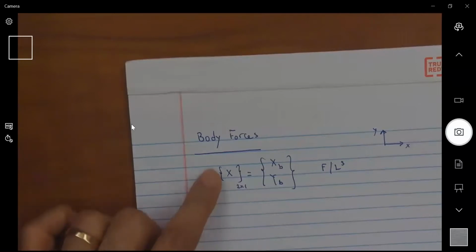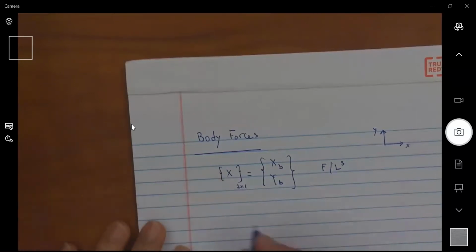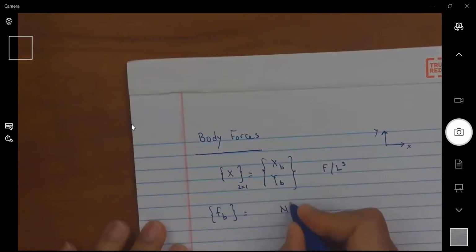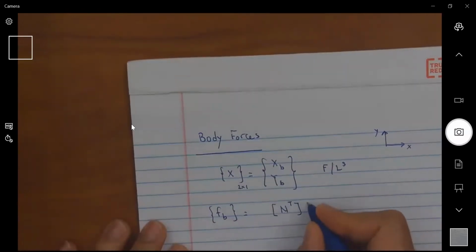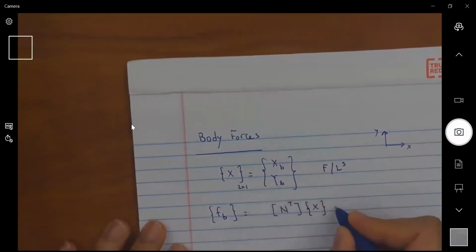So in order to find the equivalent nodal forces, FB, we are going to use shape functions. I'm going to take the transpose of the shape function that we already derived, multiply it by X, and take the triple integral.